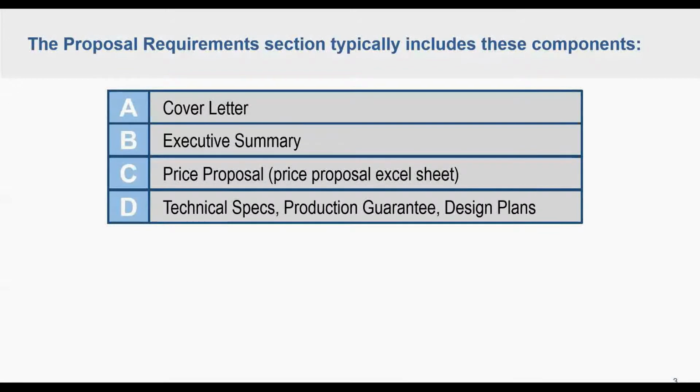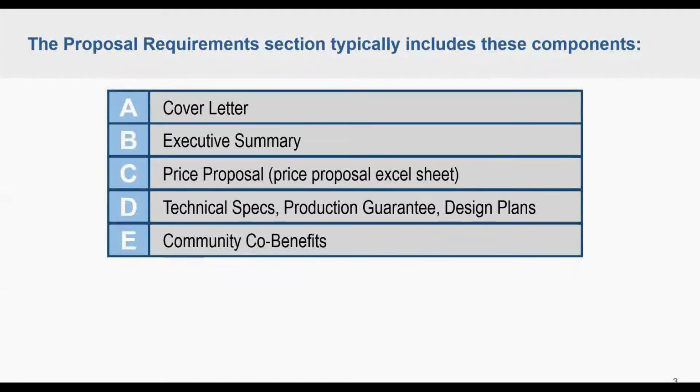And then specifications around their equipment, production guarantee, design plans for their system that they're proposing. An optional section on community co-benefits, if that's something that your city or county is requesting the developer to include.